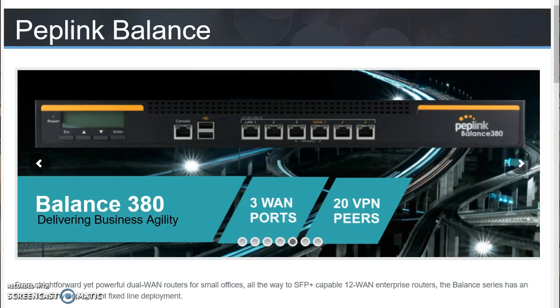Peplink is a device that allows you to connect multiple internet service providers into a single device and load balance across many different internet service providers.